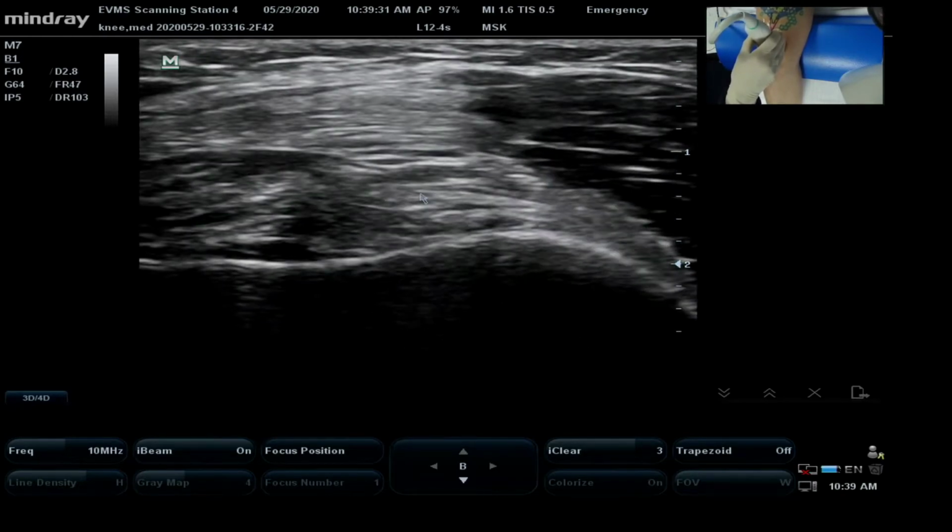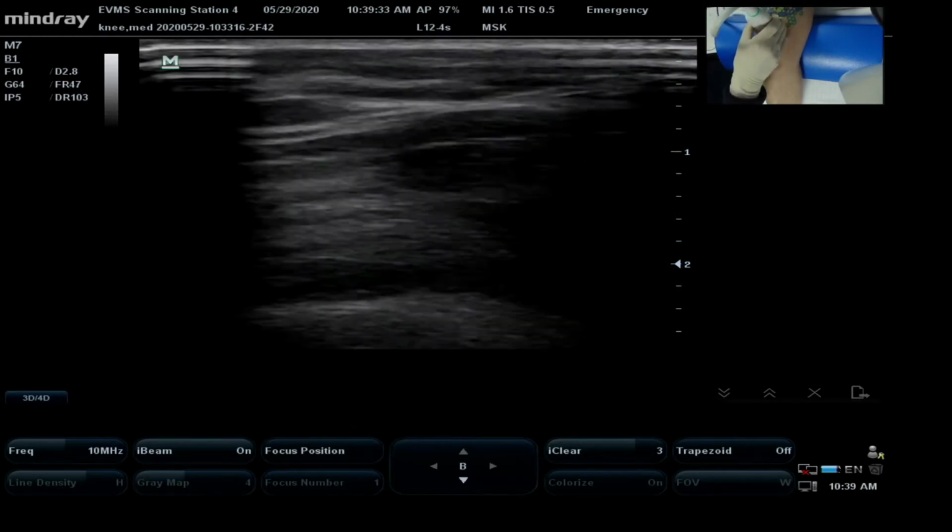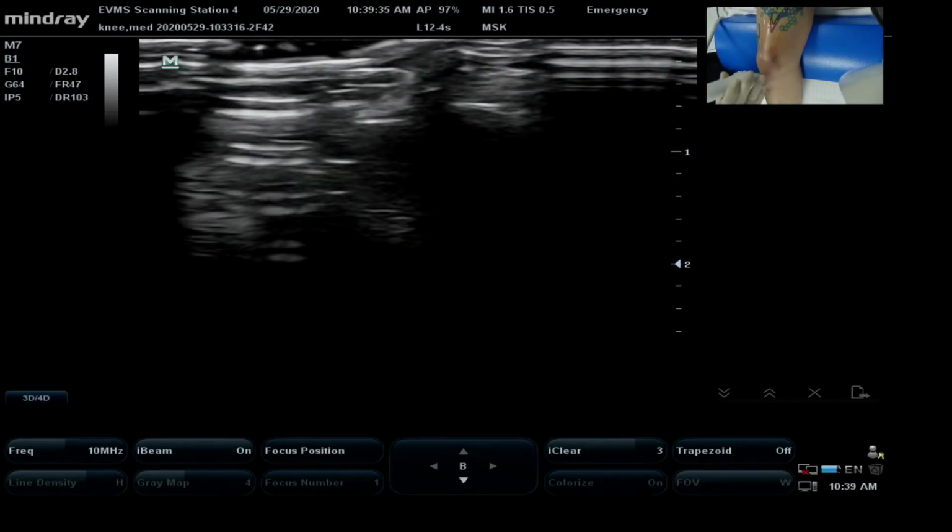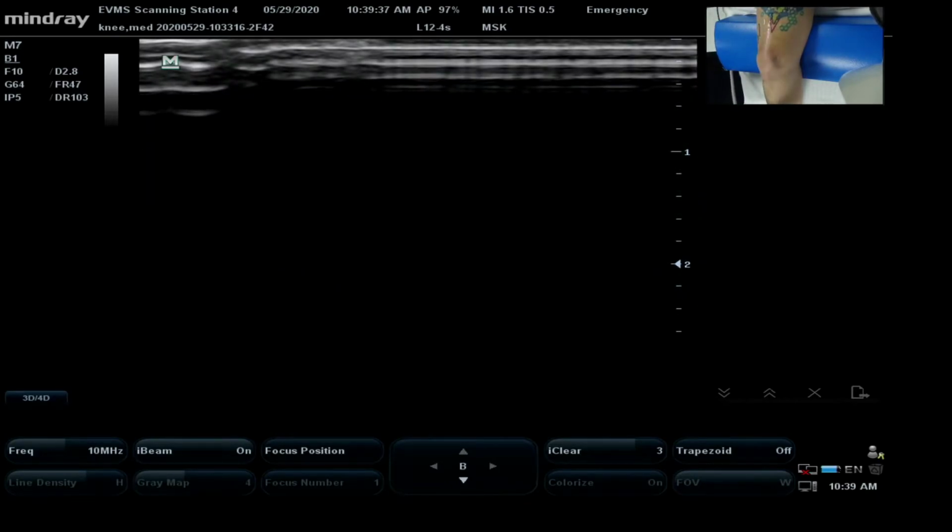Now I'm going to go ahead and take us below the kneecap. So below the kneecap, below our patella, we're going to be looking at the patellar tendon. Now I'm going to add just a little bit of gel. You want to be very generous with your gel when you're doing MSK.